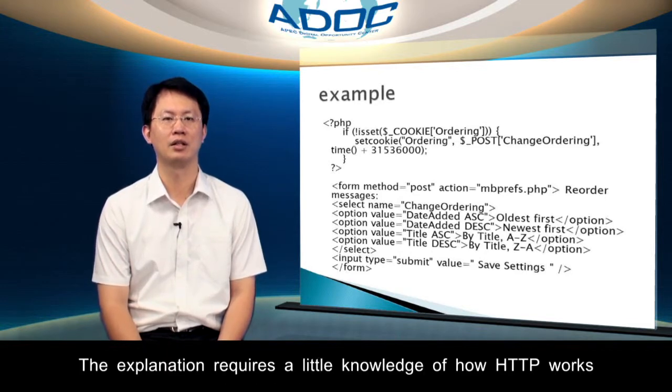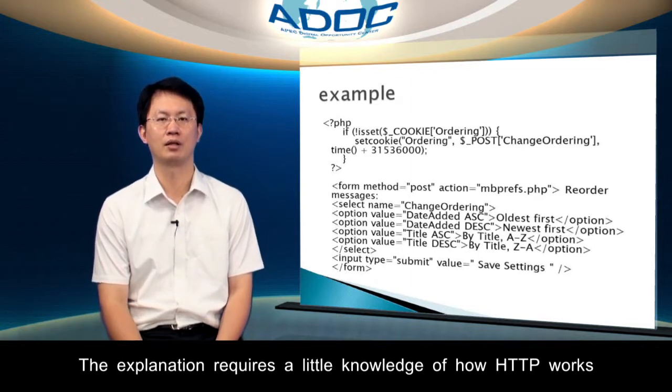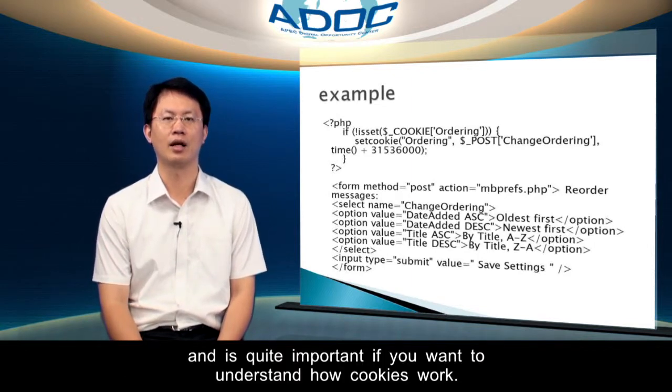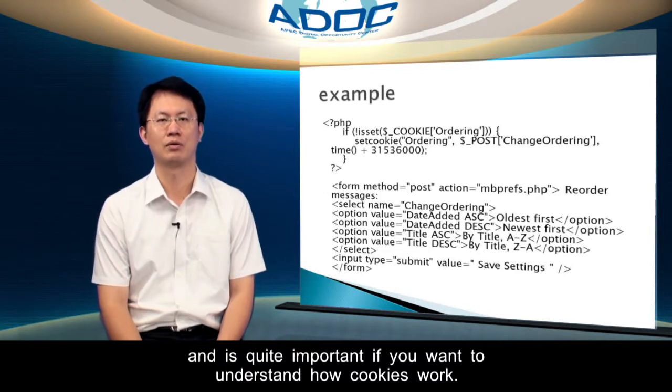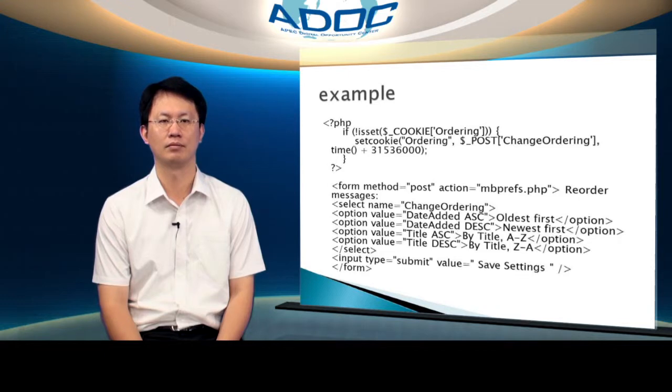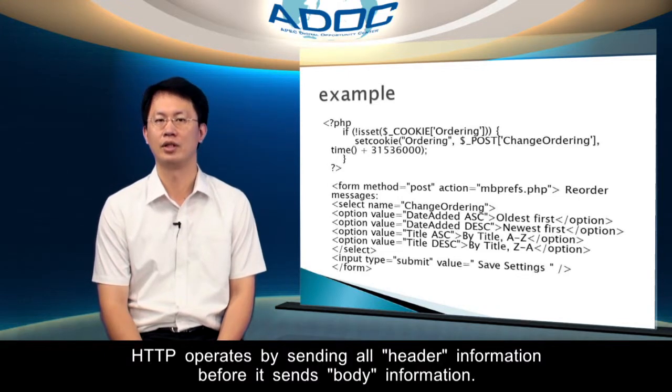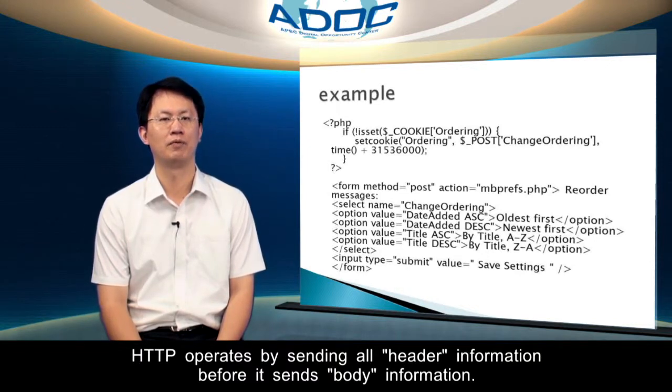The explanation requires a little knowledge of how HTTP works, and it's quite important if you want to understand how cookies work. HTTP operates by sending header information before it sends body information.